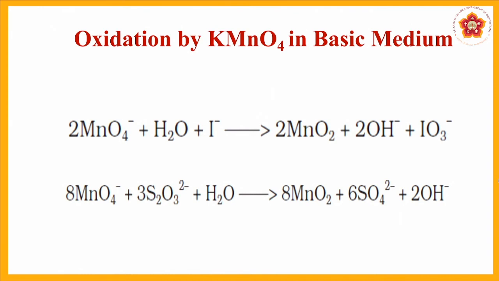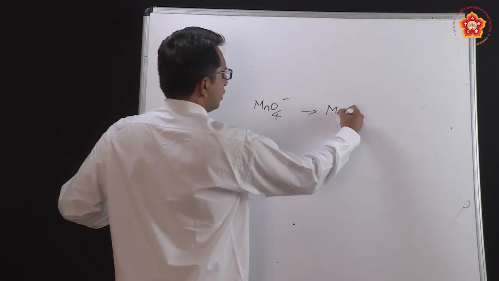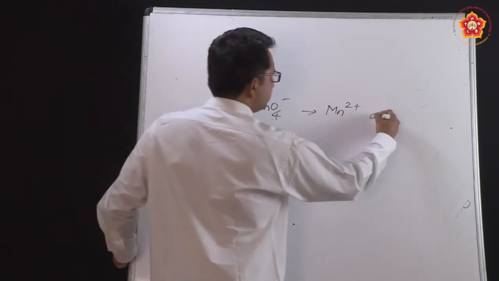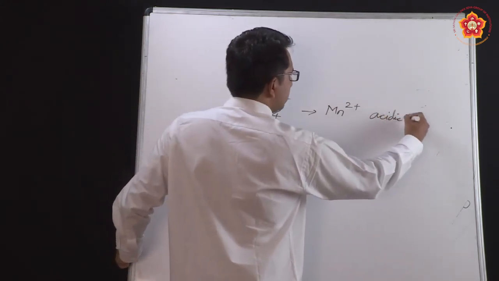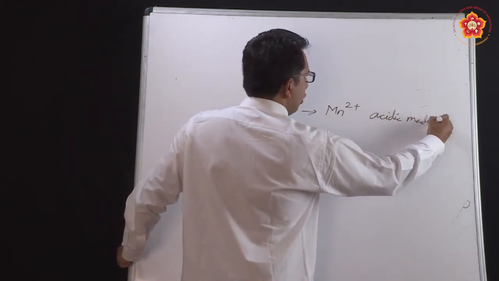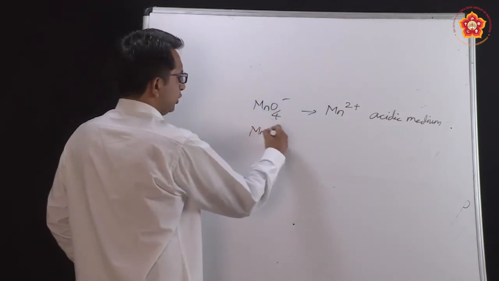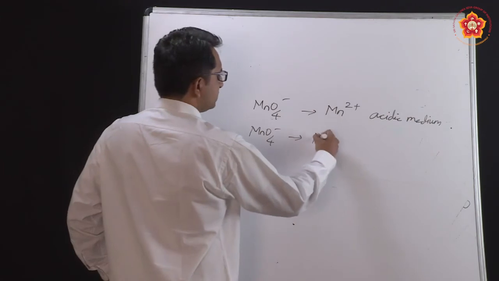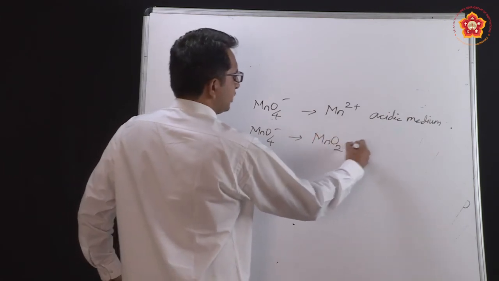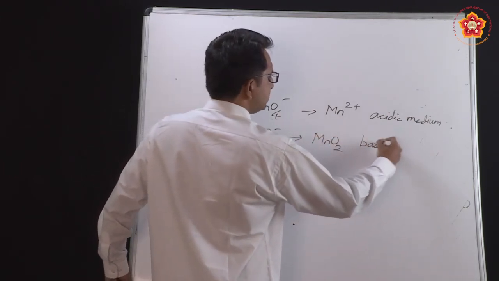Now one thing we have to understand here is that in acidic medium we had these conversions, MnO4 minus getting converted into Mn2 plus. Whereas in basic medium, the conversion is going to be MnO4 minus converting to manganese dioxide.